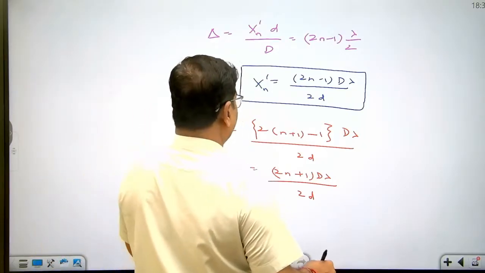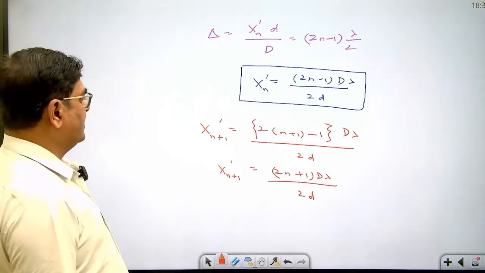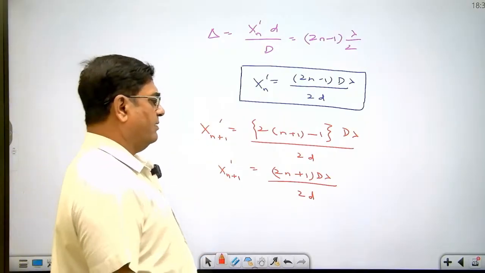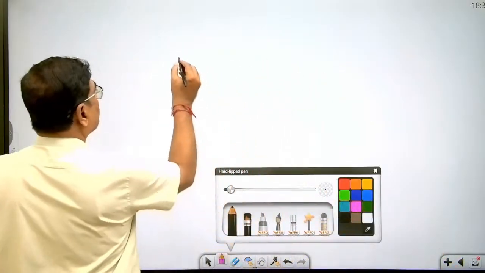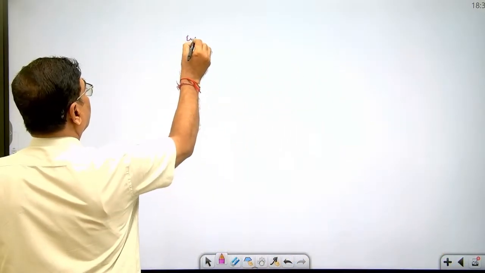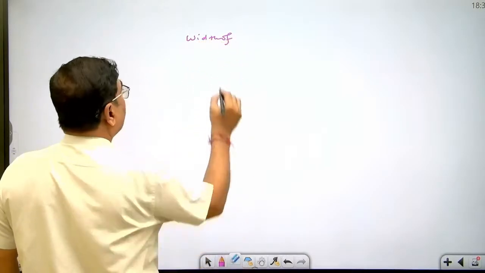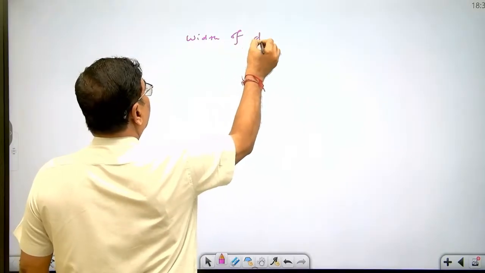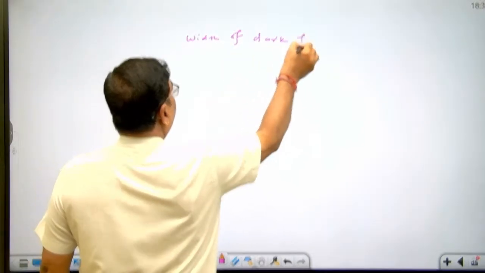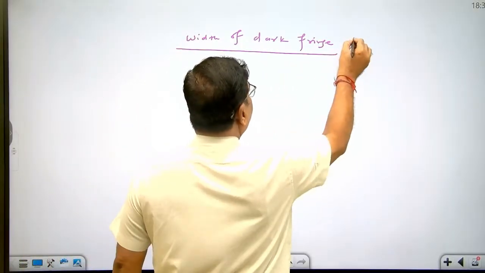Now, if we take the difference of xn plus 1 dash and xn dash, this will give us dark fringe width. Let's say the width of dark fringe is beta dash.